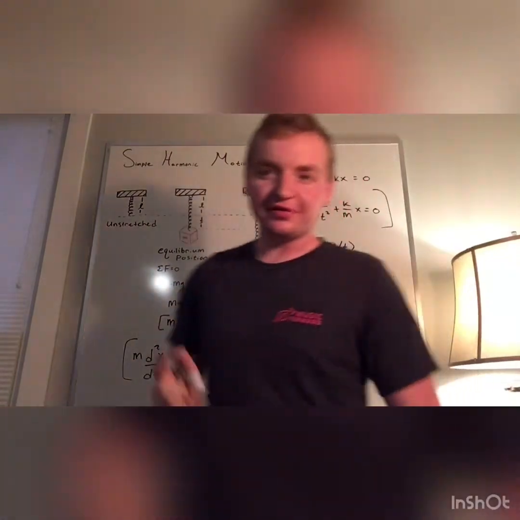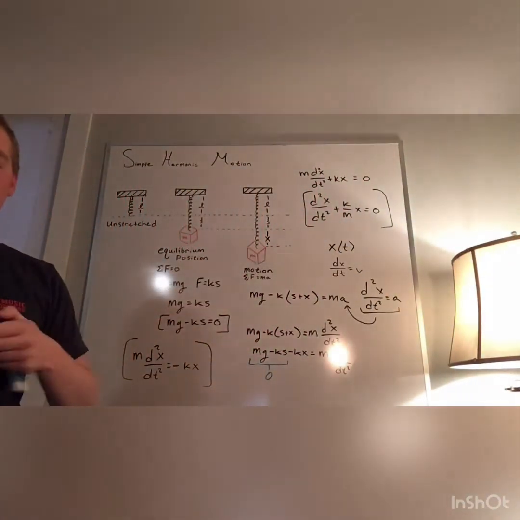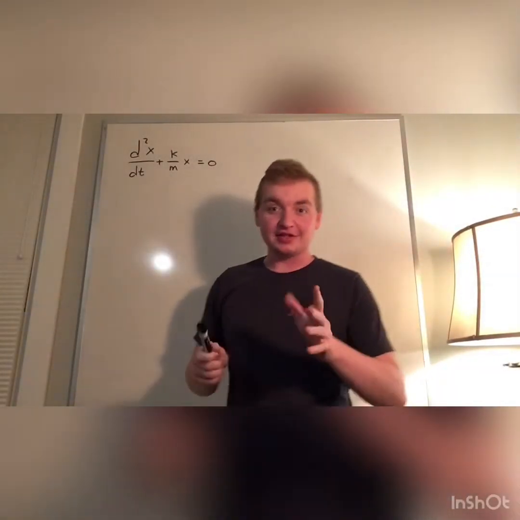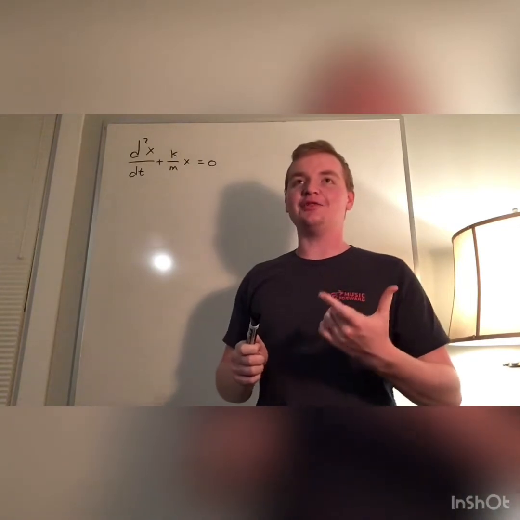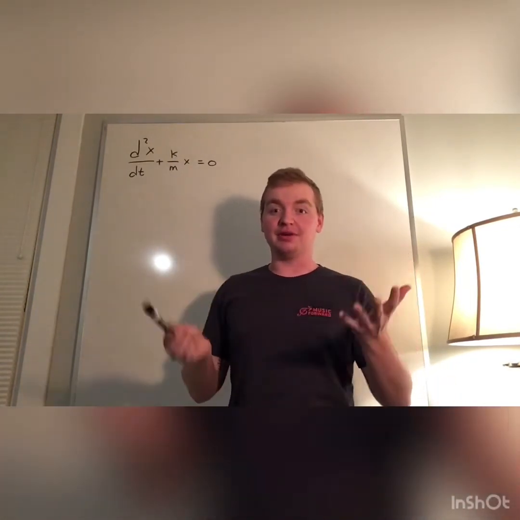And I'm going to flip to a new clean whiteboard where we can do this. Now let's solve this second order differential equation. The first thing we're going to do is induce some substitution, and then we're going to try to classify it and see what we can do to it.